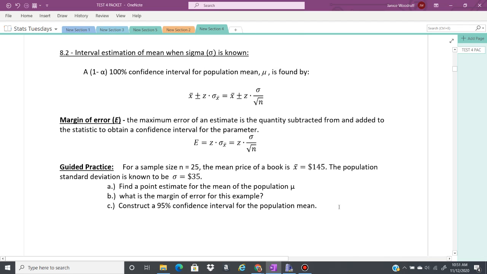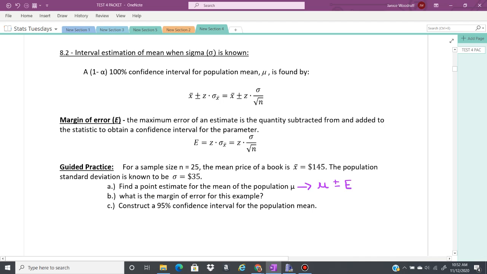What is the margin of error for this example? And construct a 95% confidence interval for the population mean. The point estimate is going to be given by the mean plus or minus E, for margin of error.